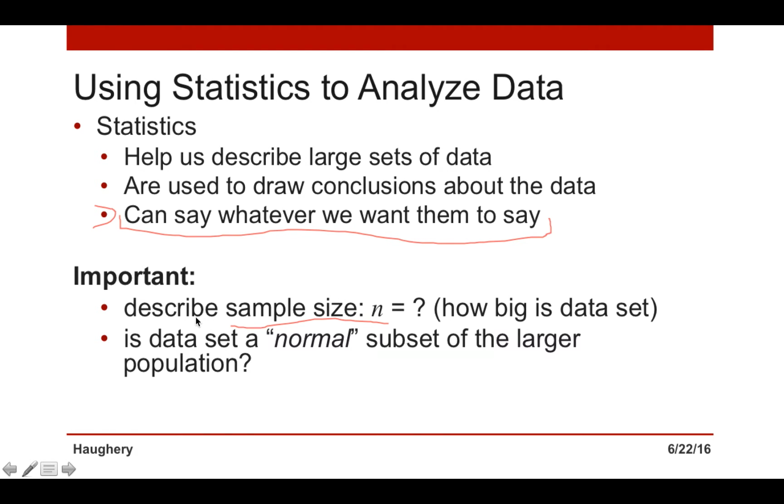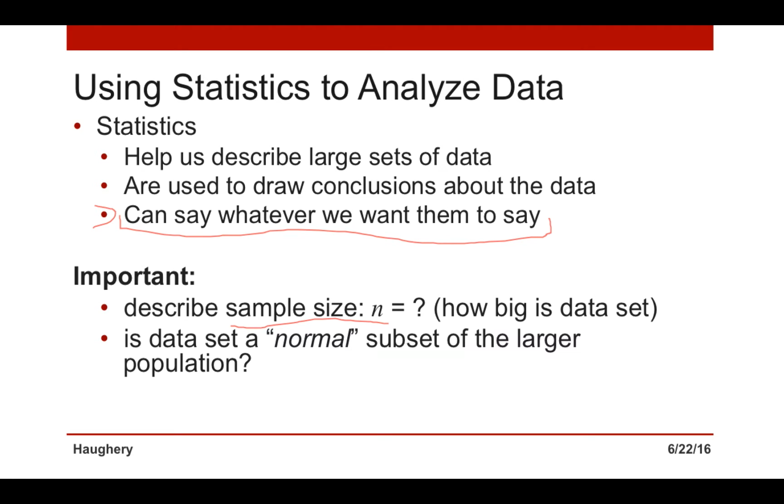Also, you want the data set, or the subsample that you get, to represent a normal subset of the larger population. So in the cylinder example, we measured 100 cylinders on 100 different tractors. Well, that's only 100 tractors out of many, many more tractors produced by John Deere in a given year.